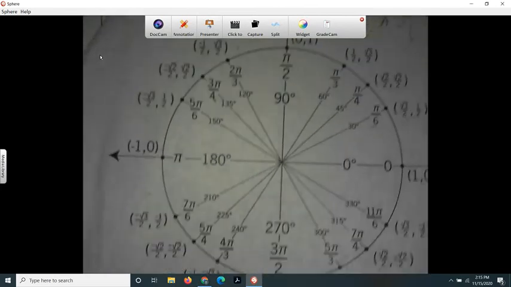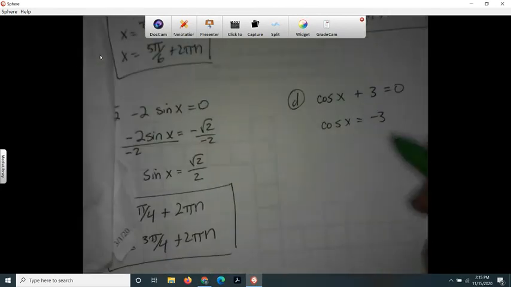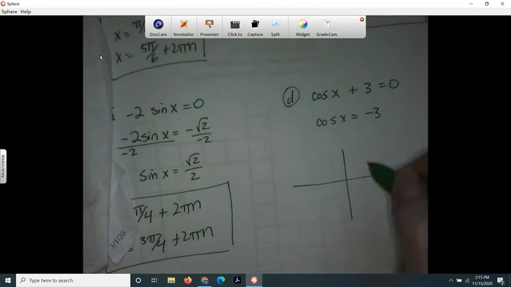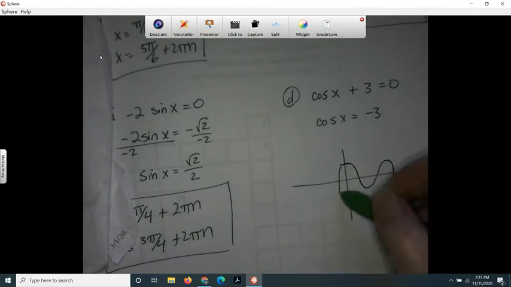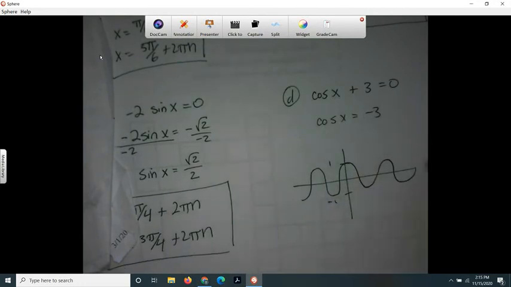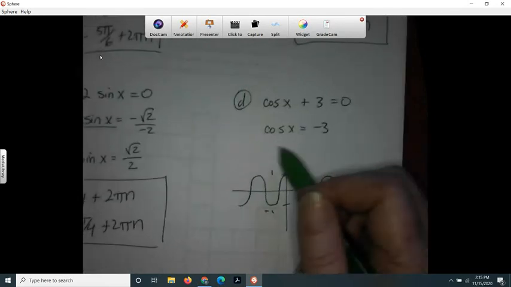Their graph looks like the parent function graph. This cosine goes up and down like that, and this is 1 and this is negative 1. Cosine x never equals 3. And you can look all around here and you'll never find a 3.